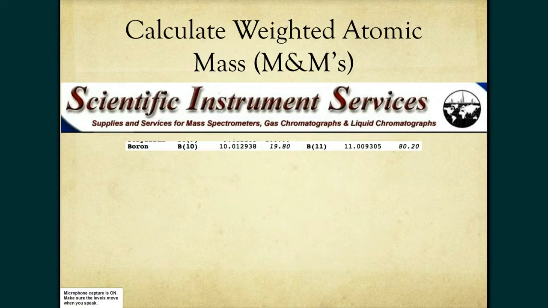Boron 11 has 5 protons and 6 neutrons. And as you see, B10 is less abundant, about 20%, whereas boron 11 is more abundant, about 80%.